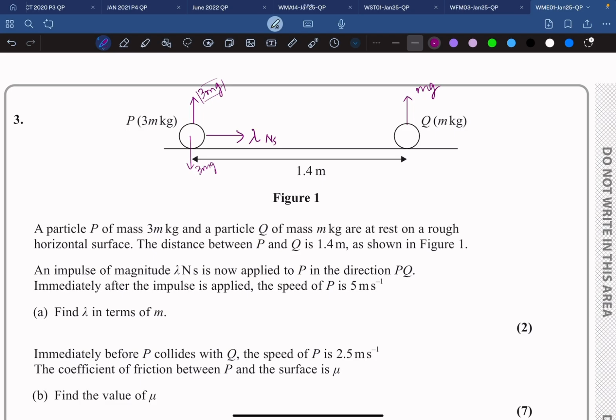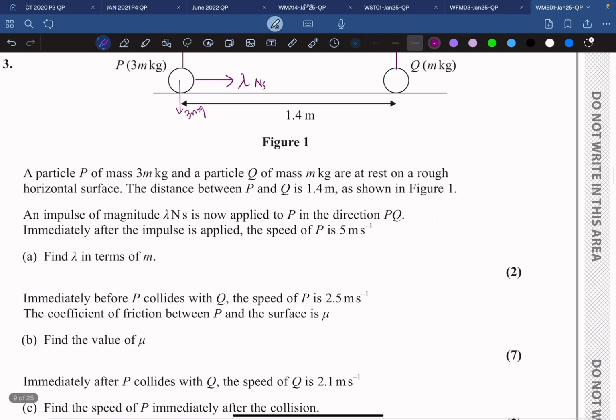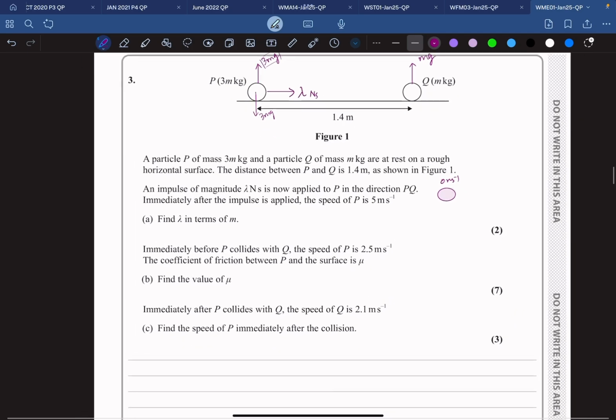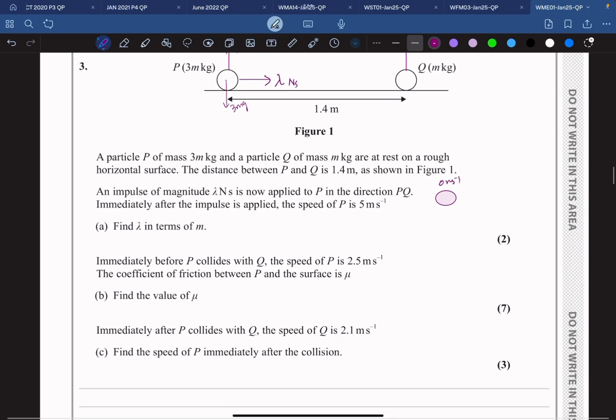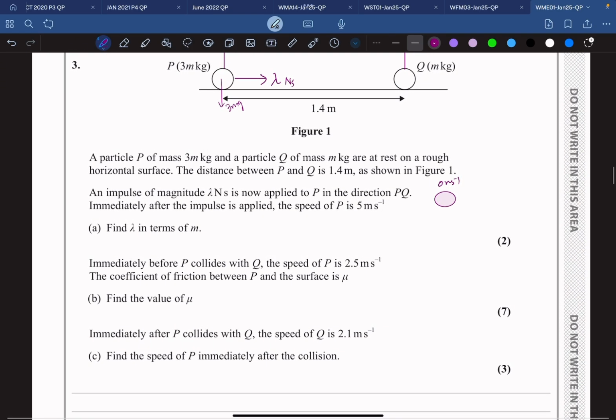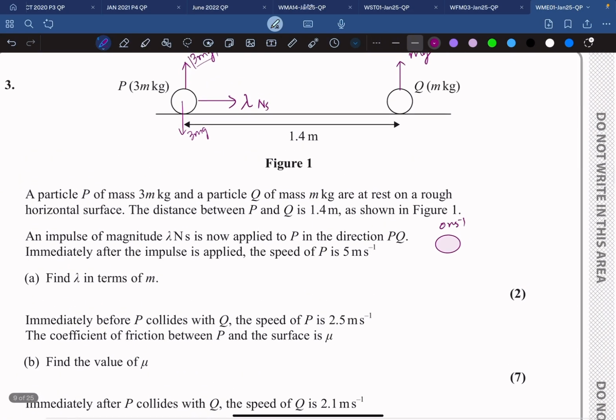Initially it was at rest, so you can already get a vibe of this being from chapter 6, which I think is momentum. What this essentially means is that initially this is at rest, so you have 0 meters per second here. This is just a hybrid question with coefficient of friction, chapter 5, I think, or even 7, I don't know, along with momentum. I love M1.